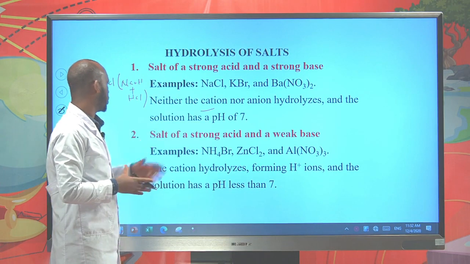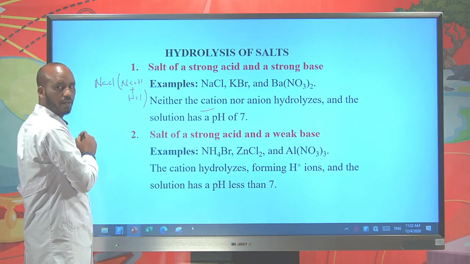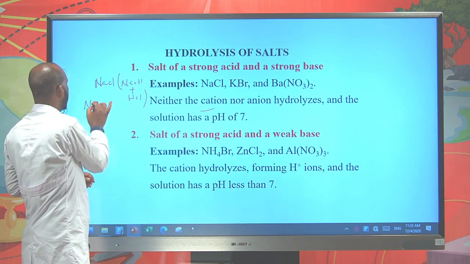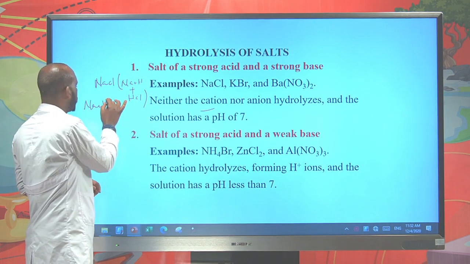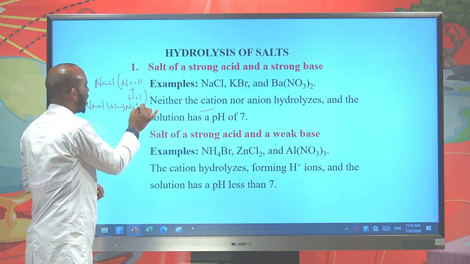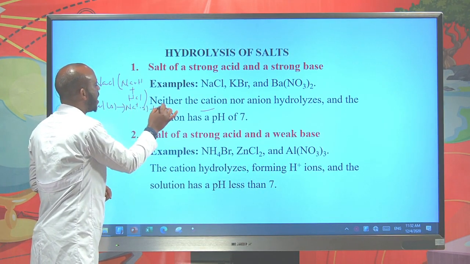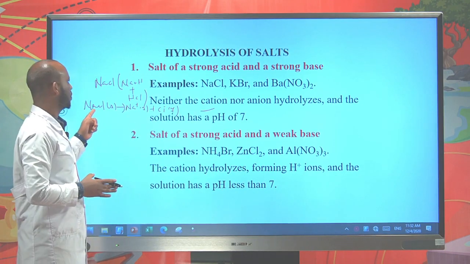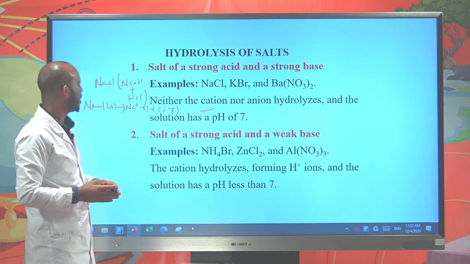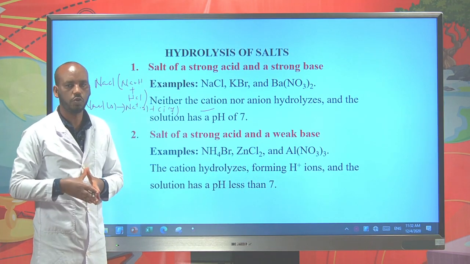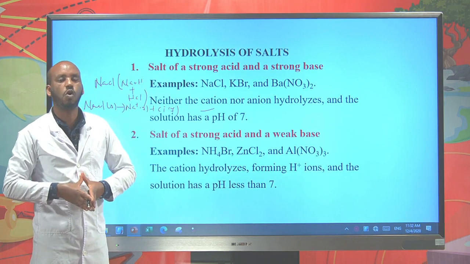Let us see. Sodium chloride is a strong electrolyte. The salt sodium chloride completely dissociates in water into Na+ aqueous and Cl- aqueous. Now, hydrolysis of a salt is defined as the reaction of ions of the salt with water to produce hydronium ion or OH-.